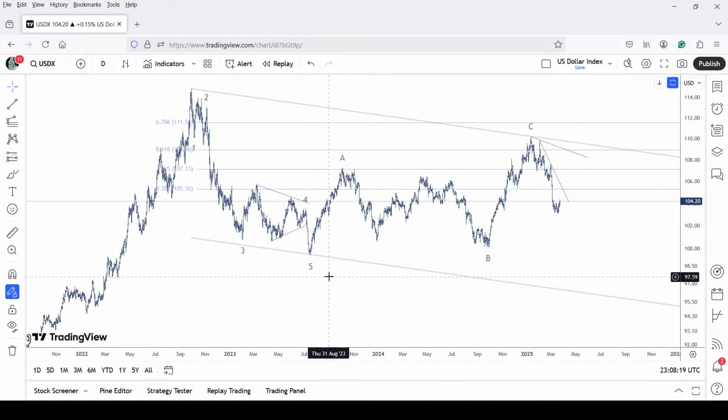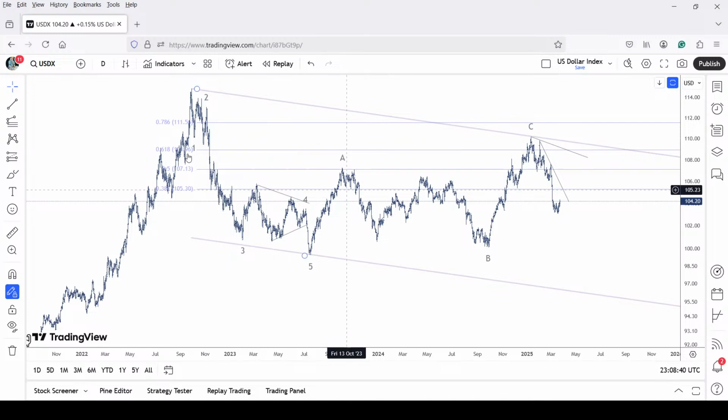Remember, zigzag pattern, it's a 5-3-5 pattern, but it's still a corrective pattern, right? So if you look at the larger degree wave up, the previous rally, that would be correcting that rally, and prices may drop towards the 61.8% of the previous wave higher.